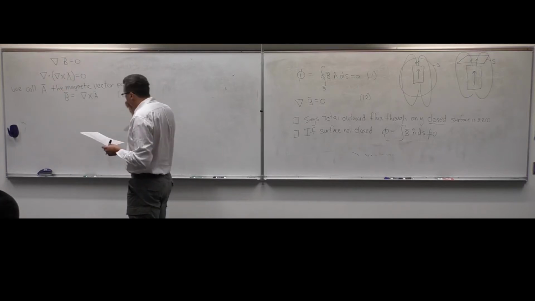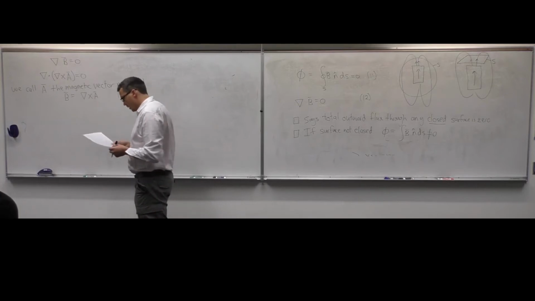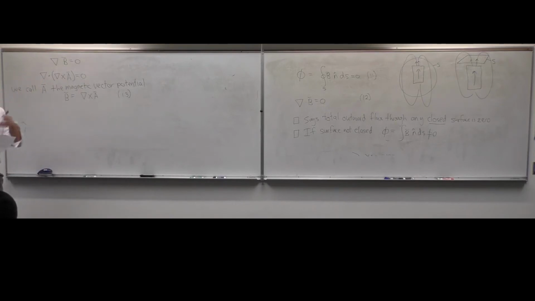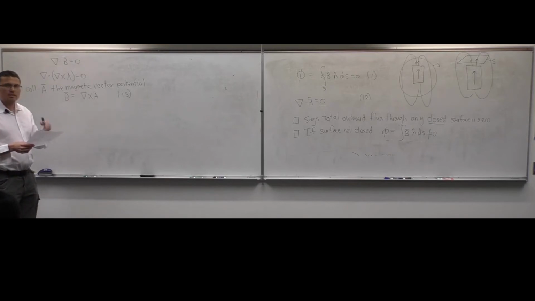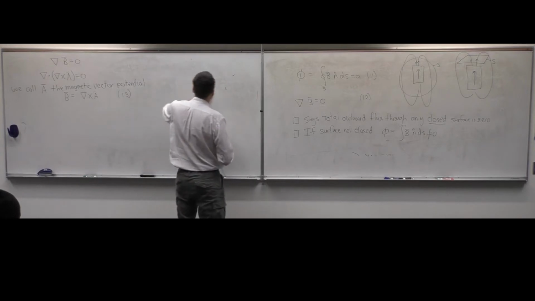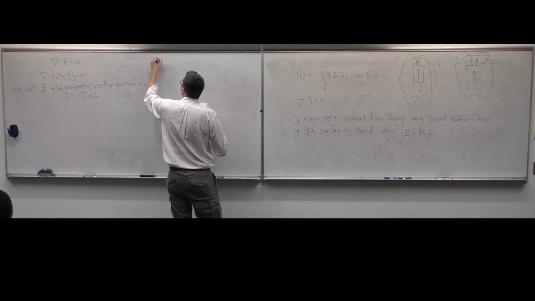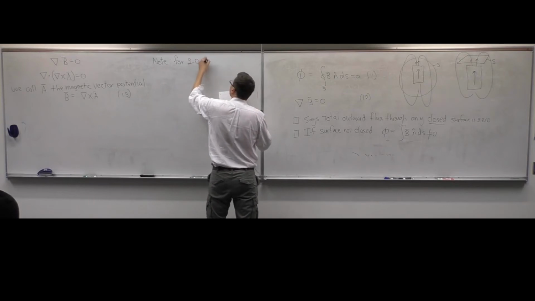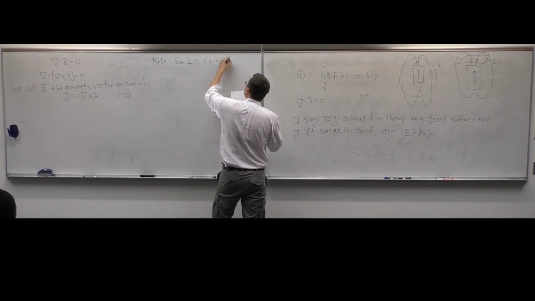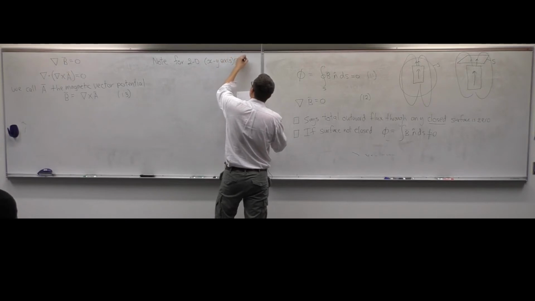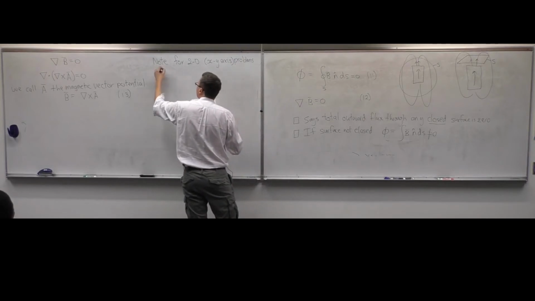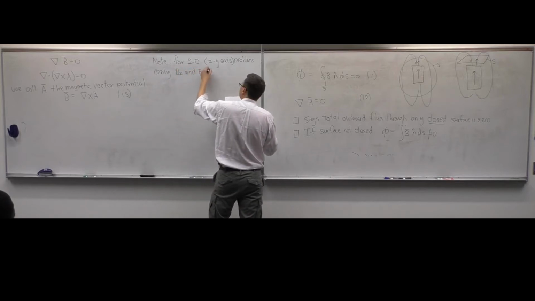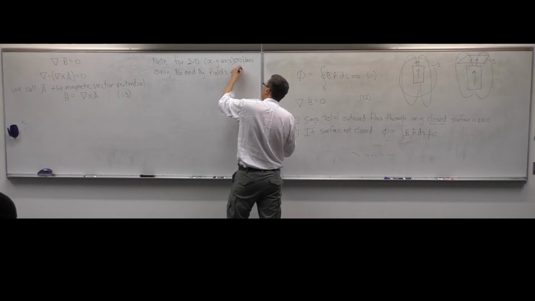But if you take, for example, a 2D problem where you only have magnetic field in the x and y axis, note that for 2D x, y axis problems, only Bx and By fields exist.